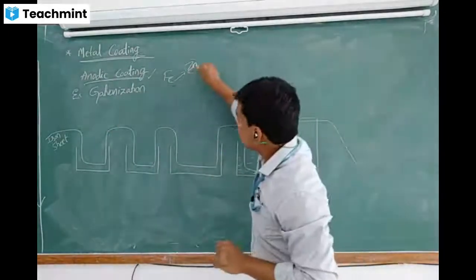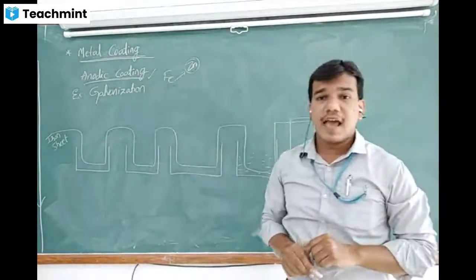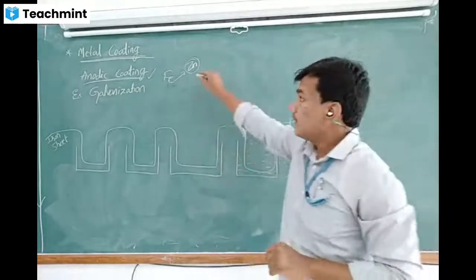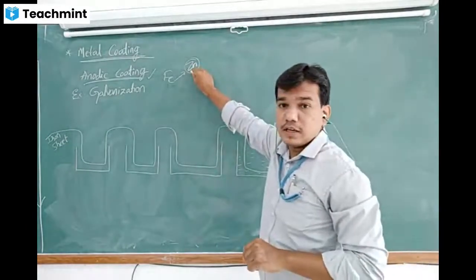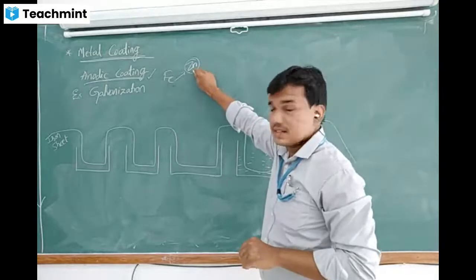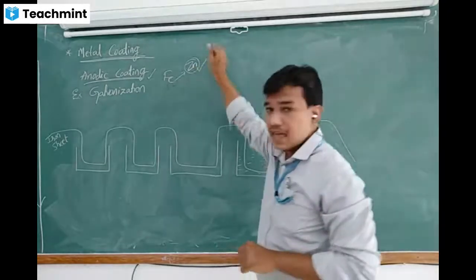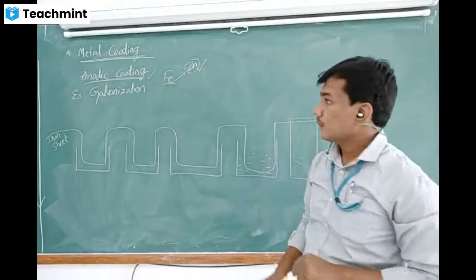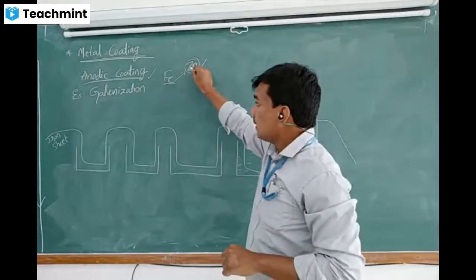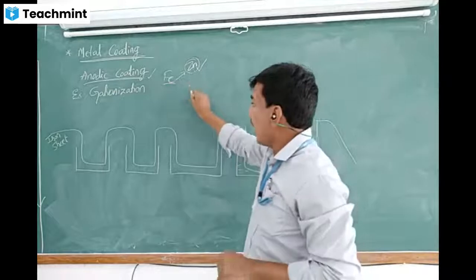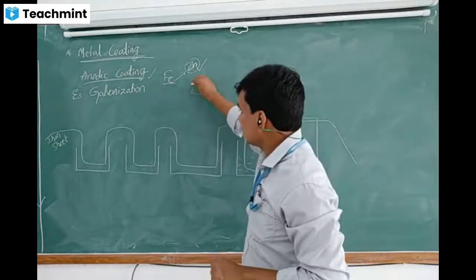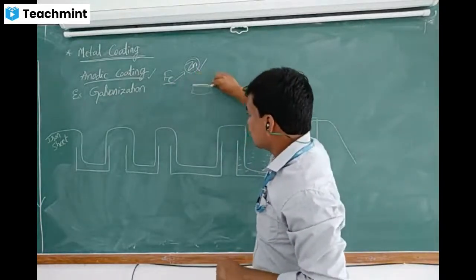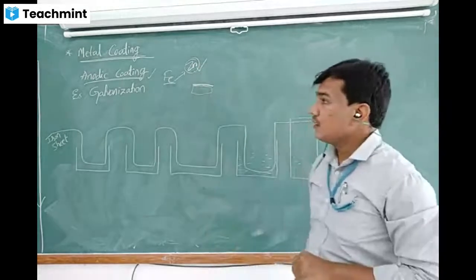Zinc acts as an anode because it is a very reactive metal with a very low electrode potential, whereas iron acts as cathode. We coat zinc metal on the iron metal surface. This is called anodic coating.